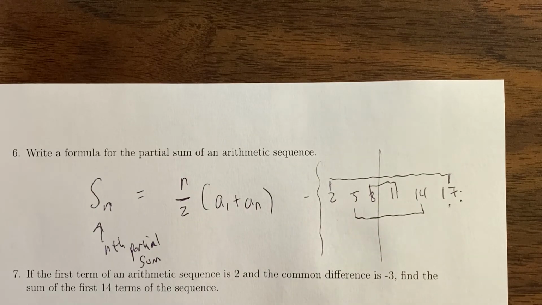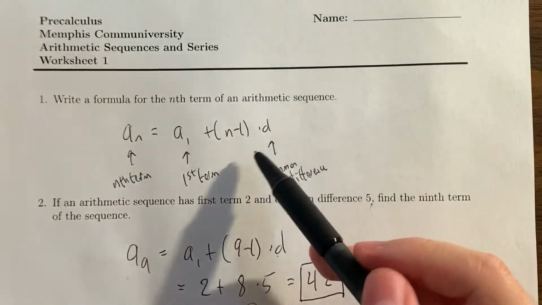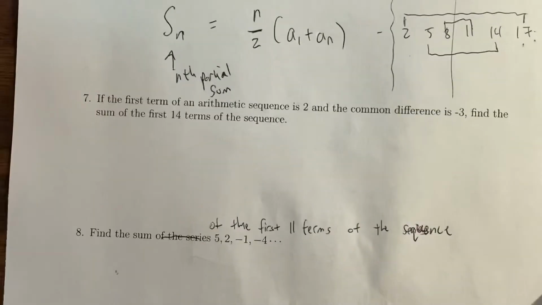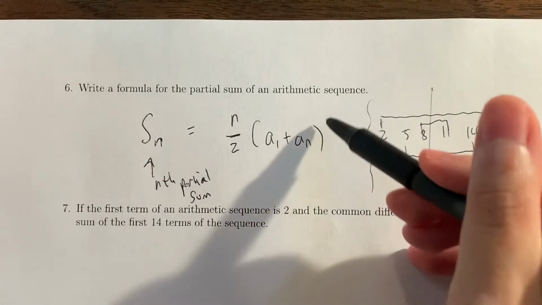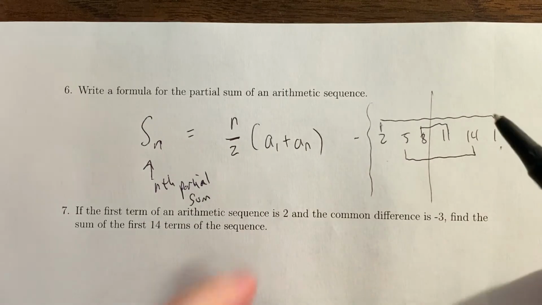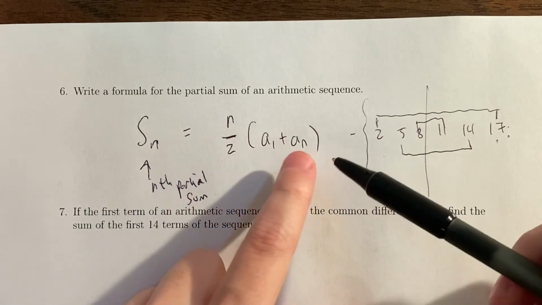Again, once my students start to use it, they just memorize the formula, just like they memorize the formula here. But hopefully that makes sense why the formula is true. And with these questions, what we're going to do is find this formula, of course. And what happens is that usually we have a1, and what we don't have is n, or we don't have an.